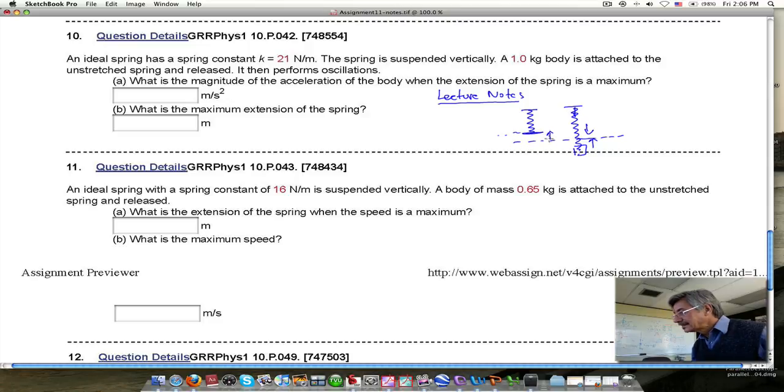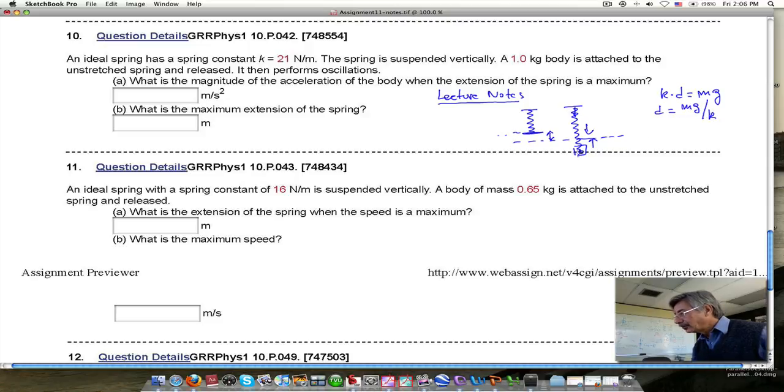And this distance here, you can calculate it, because right here, the force of the spring times that distance has to equal the weight. So that distance is always mg over k.